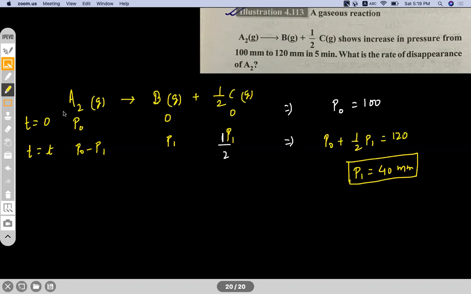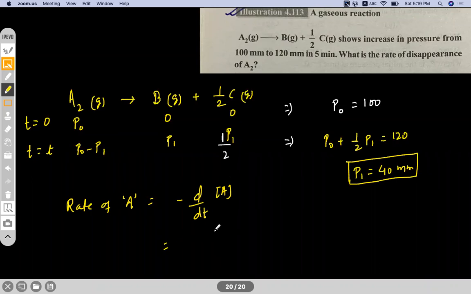Okay. So we need to find out what? We need to find out the rate of disappearance of A. The rate of disappearance of A is what? Rate of the reaction, that is minus d by dt of A. Pressure, so we can write on pressure also here. So it would be P naught minus P1 by this time. Time required is 5 minutes.